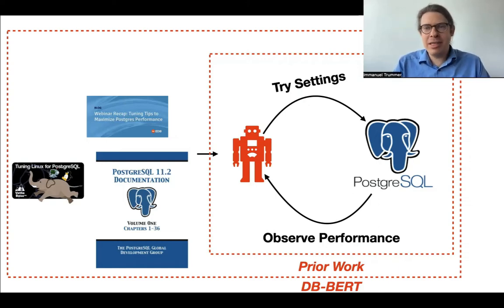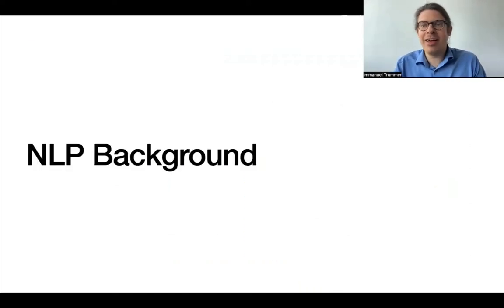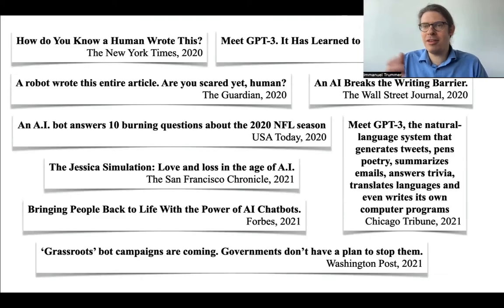And until quite recently, this project would probably have been overly ambitious, but over the past couple of years, we had some amazing progress in the domain of natural language processing, which I'm exploiting here. And even if you're not working in natural language processing, you might have come across headlines such as the one that you find here, where advances in natural language processing have been discussed in the mainstream press.